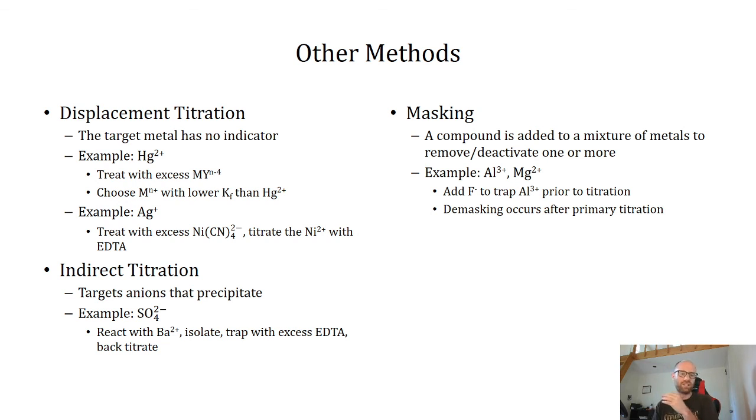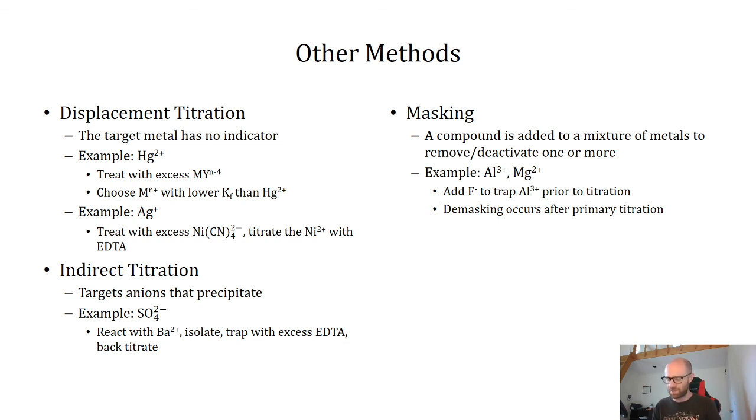You have your solid, and you hit that with EDTA, which knocks loose all of the barium, and now you have an amount of trapped barium that's equal to your amount of sulfate. By back titration, you can figure out the amount of barium, and therefore the amount of sulfate that was originally present.